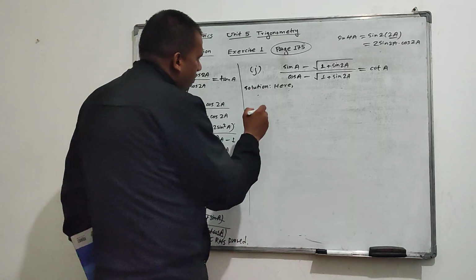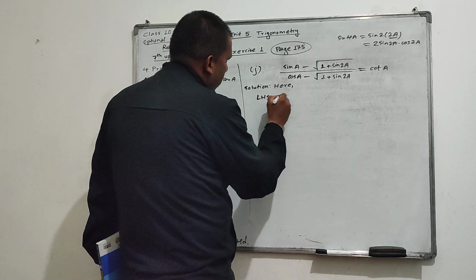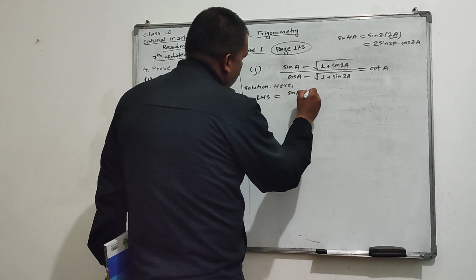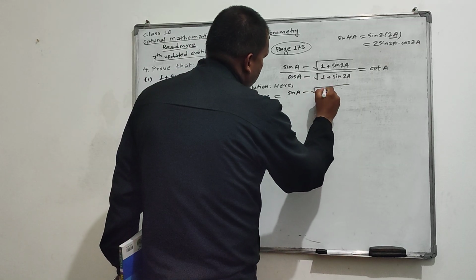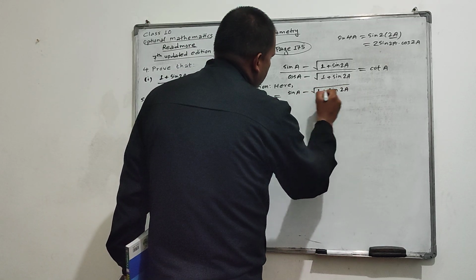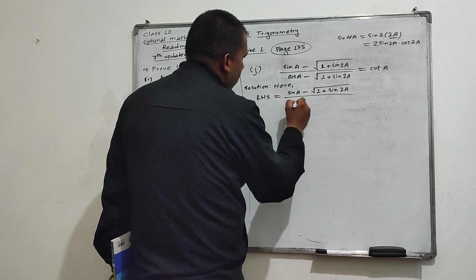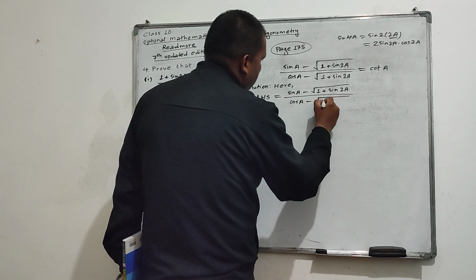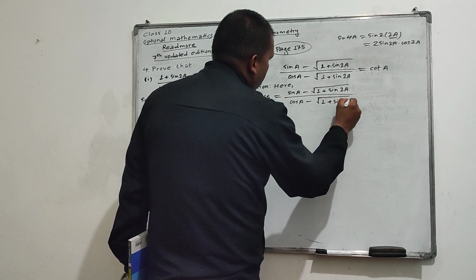Now solution here, LHS equal to sine a minus root over 1 plus sine 2a all upon cos a minus root over 1 plus sine 2a.